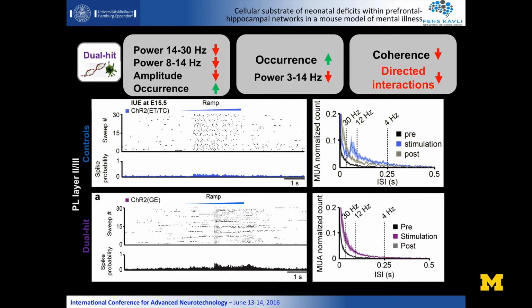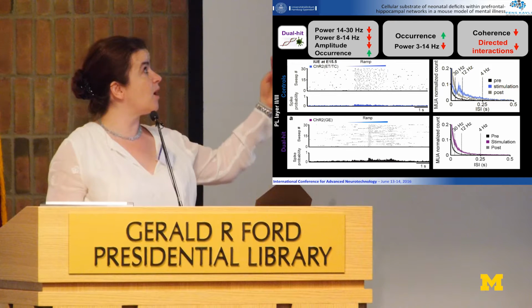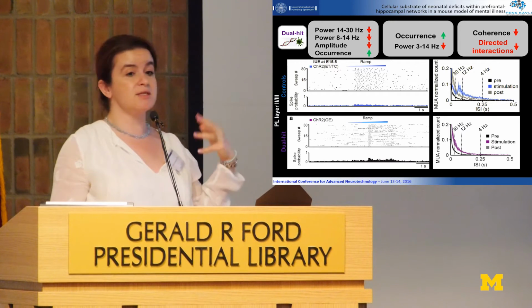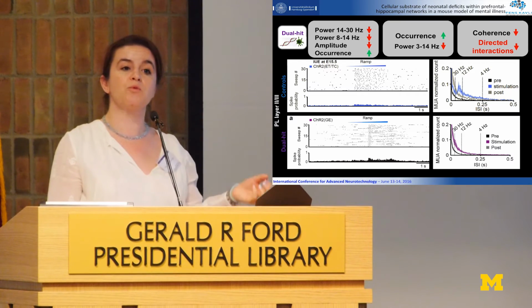Now we did the same experiment in these dual hit animals, and to our surprise, there is no peak at 16 Hz. There is an increase in firing of these neurons, but there is no specific activation in a frequency band. And this fits very nicely with the data that I showed before, that there is a significant change in the power within this frequency range, the amplitude and occurrence that was much more prominent than for the theta range.